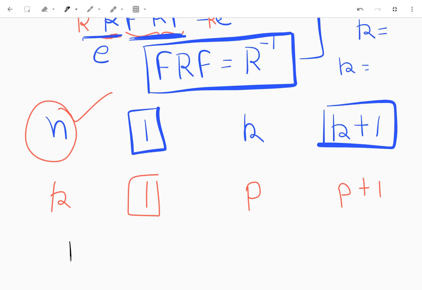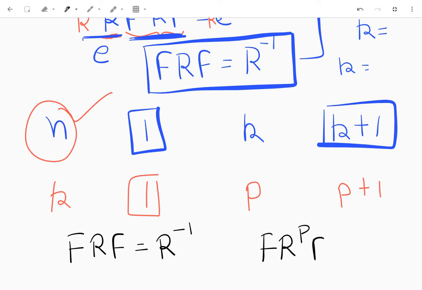Now I have FRF equal to R inverse. I have proved this. Now I will assume that it is true for F R^p F equal to R inverse^p, right? And I will prove it to be true for p plus 1.